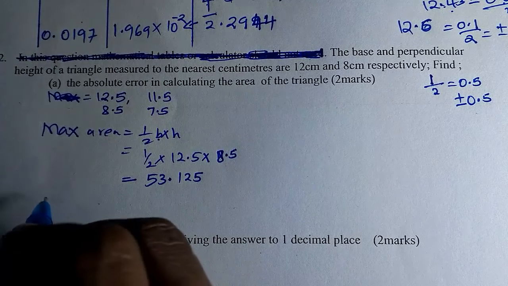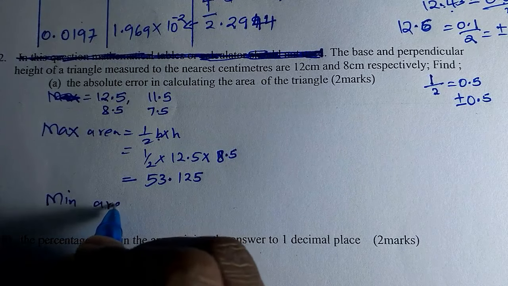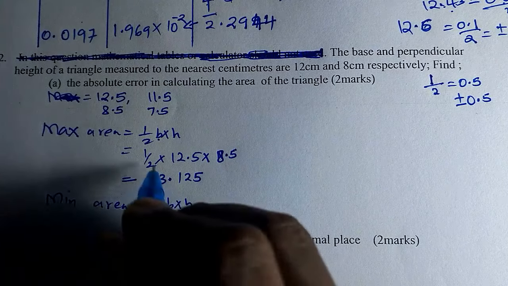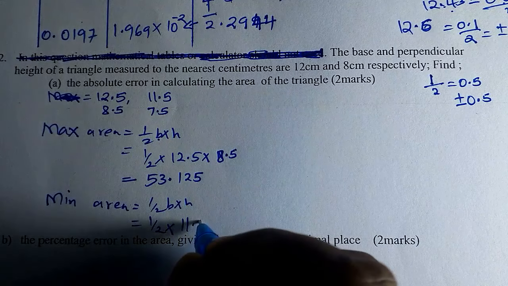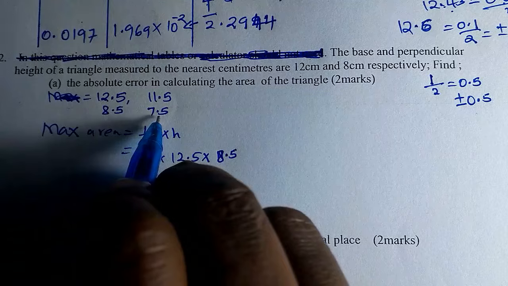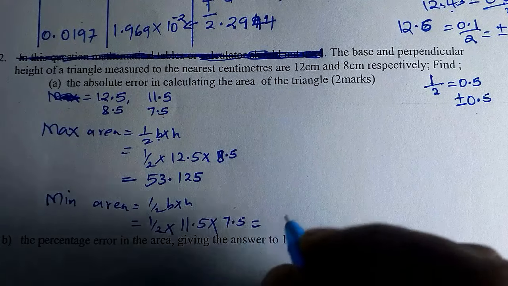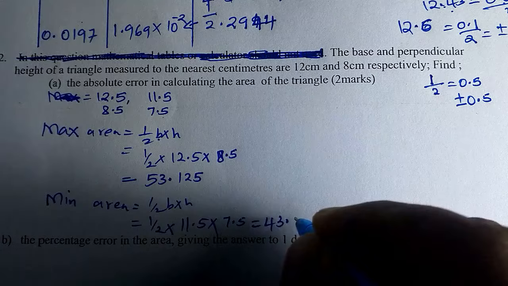Then the minimum area is a half base times height, that is a half times the lower, which is 11.5, for the base, times the height, which is 7.5. And this will give us 43.125.